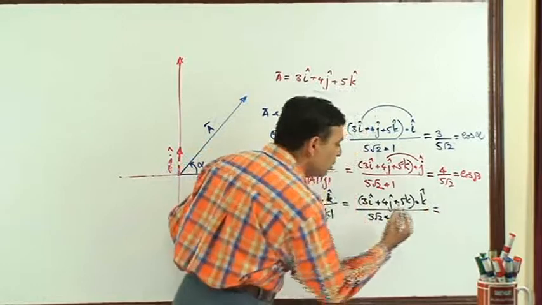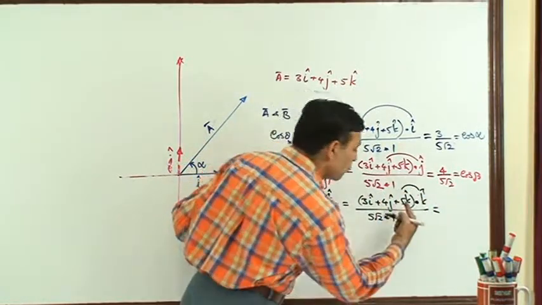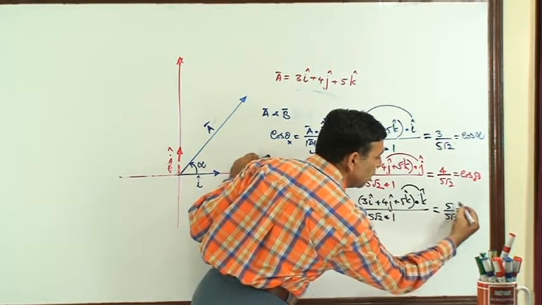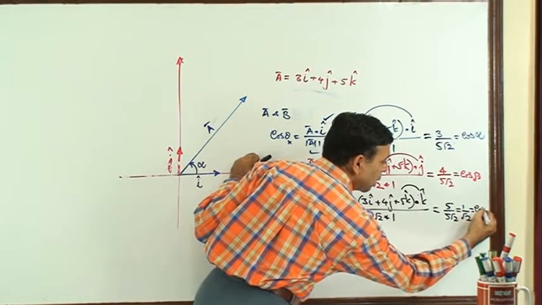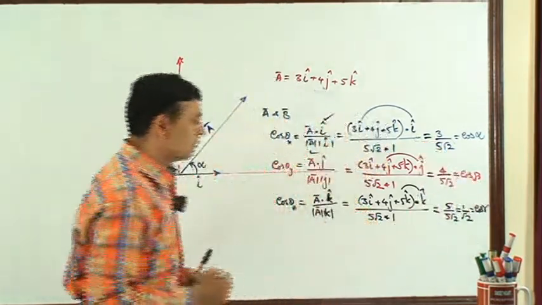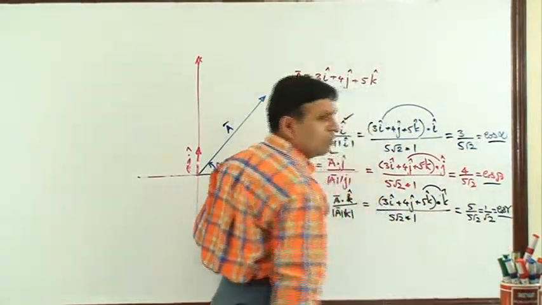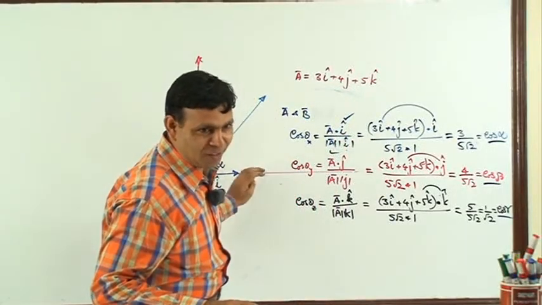Now with k you need to dot only with the k term. So 5k dot k is going to be 5, by 5 root 2, and that's going to be 1 by root 2, obviously, and this 1 by root 2 I will call cos gamma. Clear, everybody? This cos alpha, cos beta and cos gamma are called the direction cosines of vector A. Is it clear?